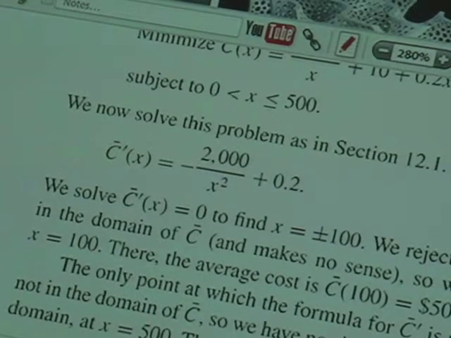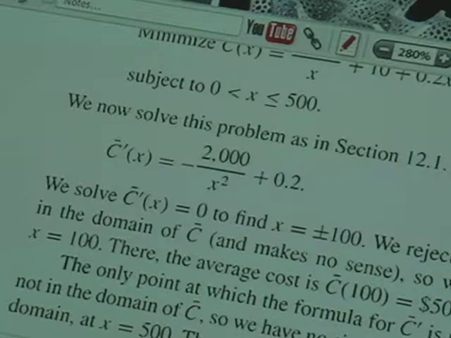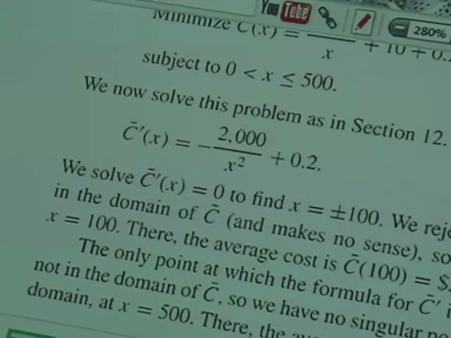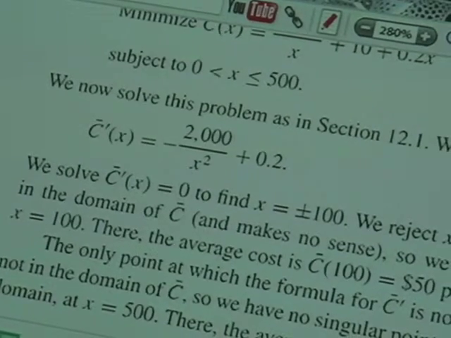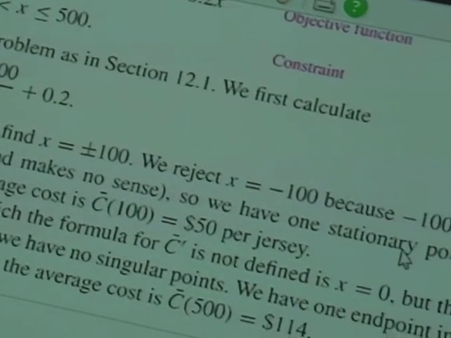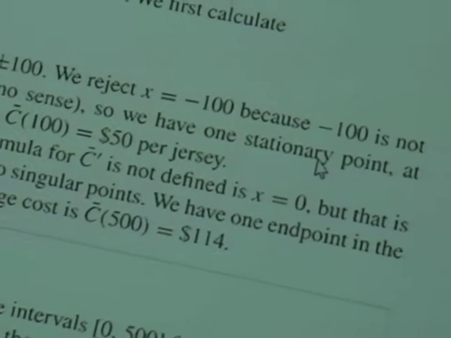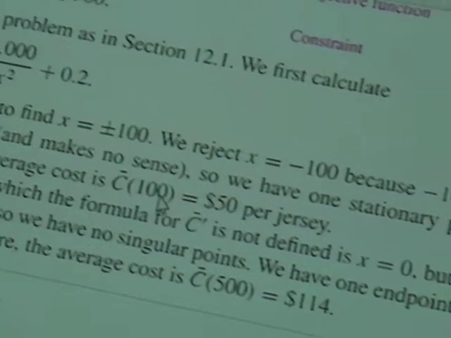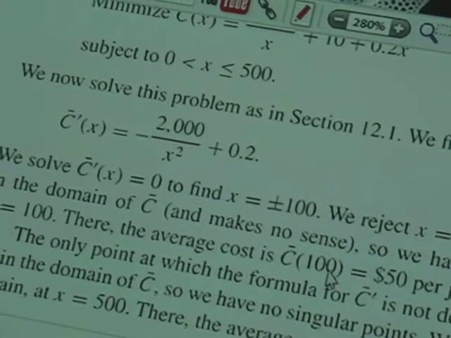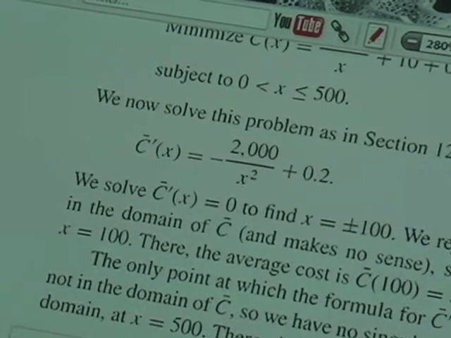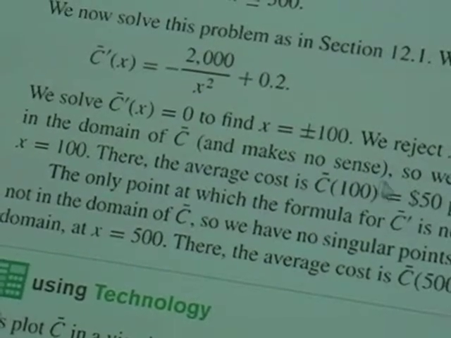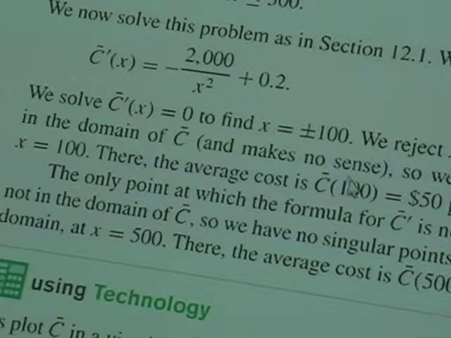Oh, I see, okay. So here's what he does. We just found a stationary point. Remember, what does stationary point mean? That's where the derivative is 0. We found only one, and it's at 100, right? So what does this calculation tell me? If I put 100 into the average cost function, what am I calculating?